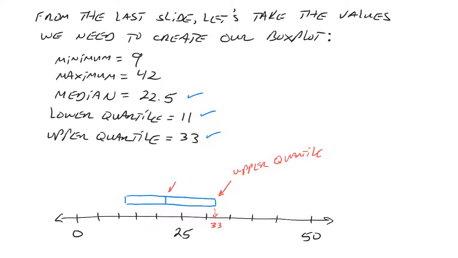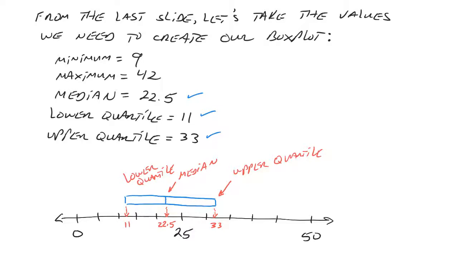This corresponds to the median, like the main median of the overall data set, and that corresponds to 22.5. And of course, the left edge of the box is the lower quartile, and that corresponds to our value of 11.